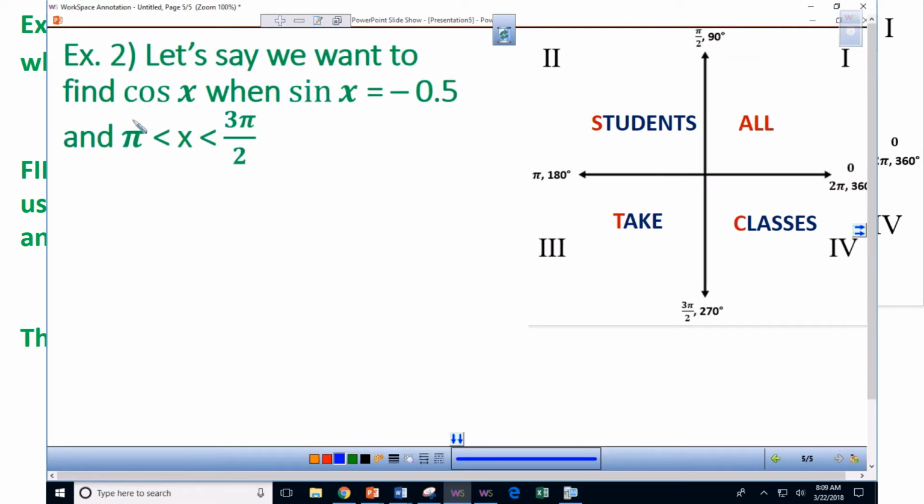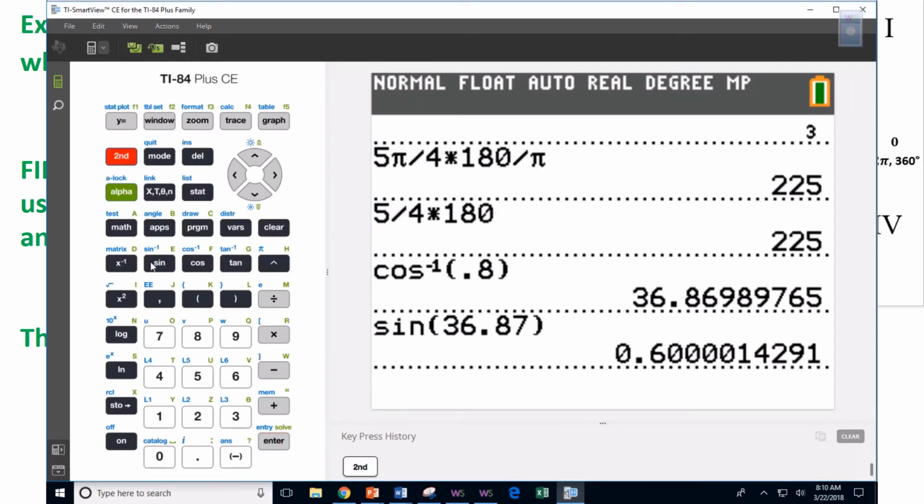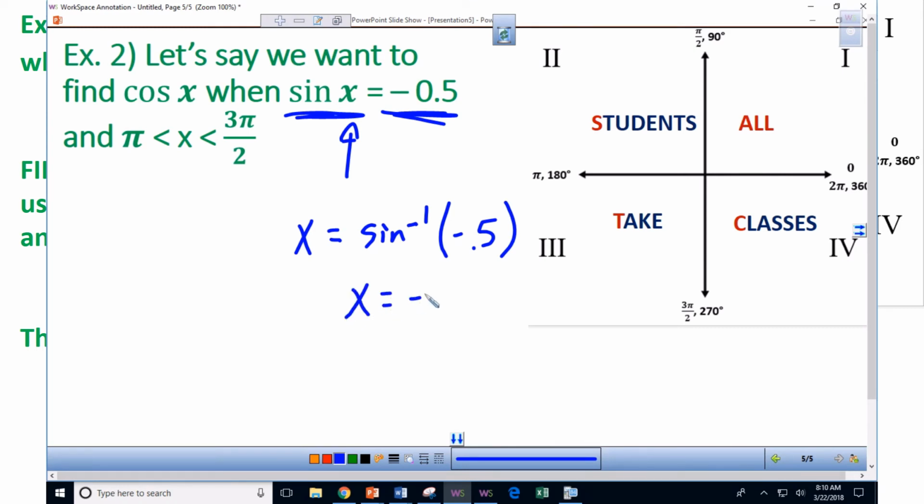So the next one we got here, we know sine of x is equal to negative 0.5. So I'm going to find x by taking the inverse sine of negative 0.5. We go second sine, we go negative 0.5. I got negative 30, so x is equal to negative 30 degrees.